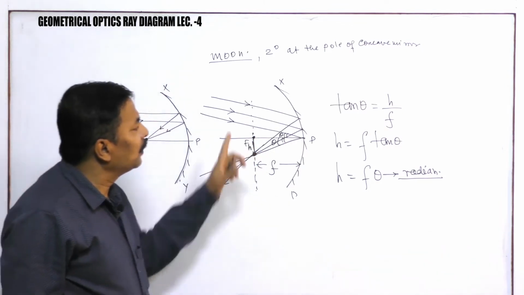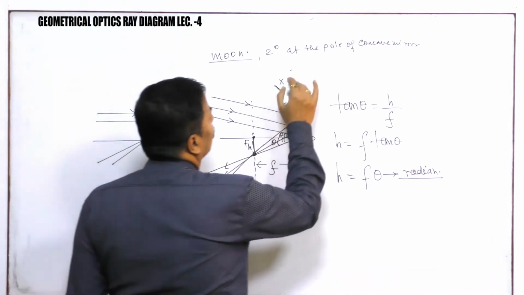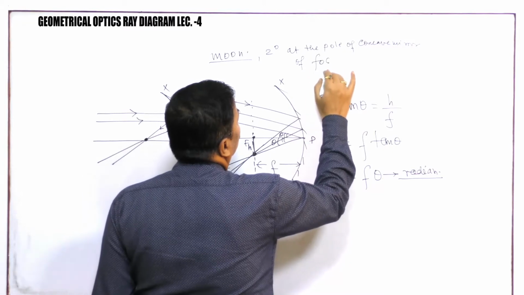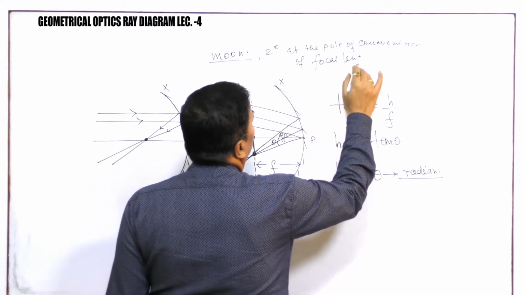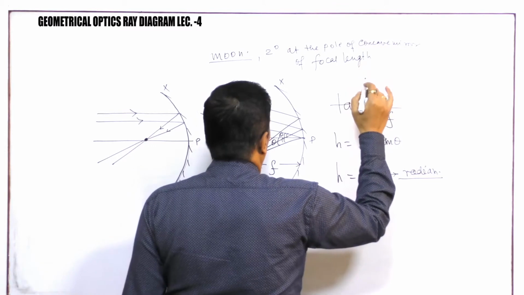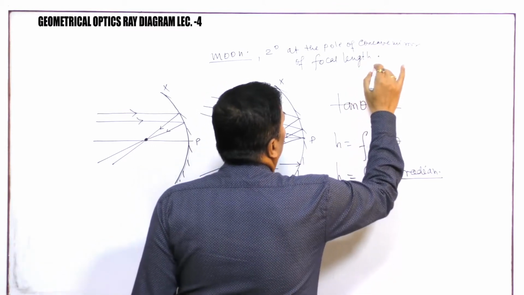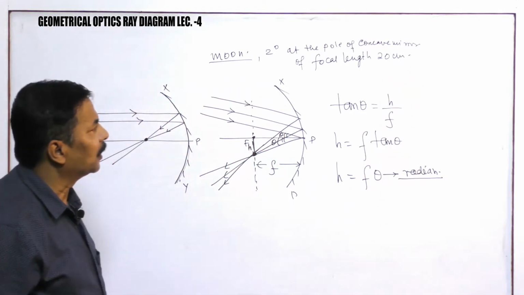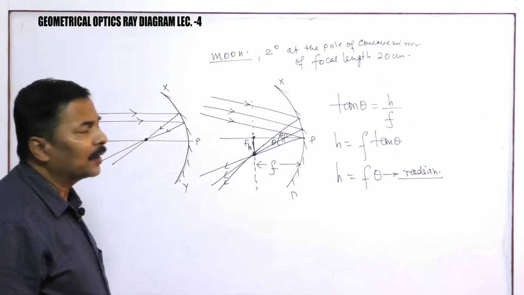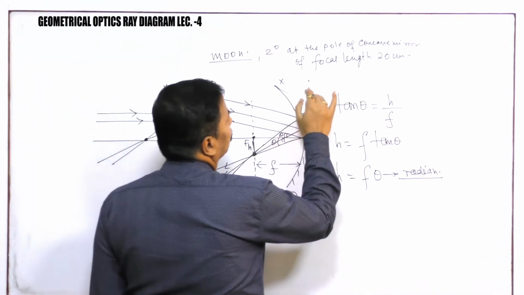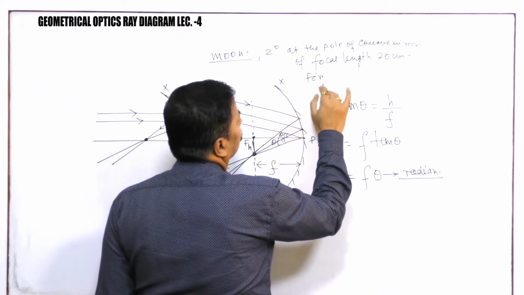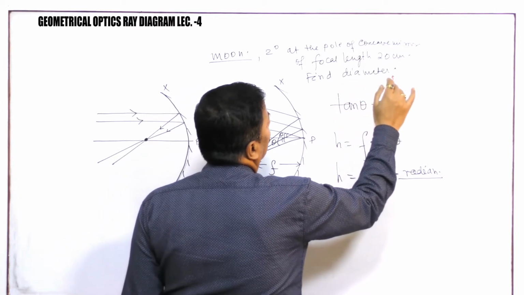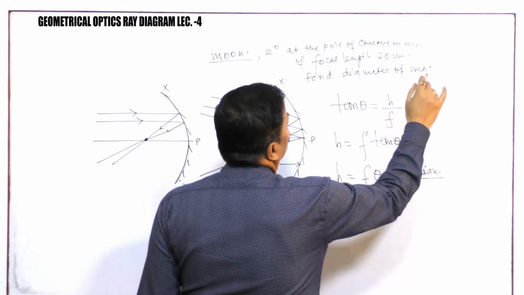So 2 degree, this we have got, of focal length, suppose 20 centimeter. So focal length 20 centimeter. Then what is the diameter of image? Find the diameter of the image of the moon.